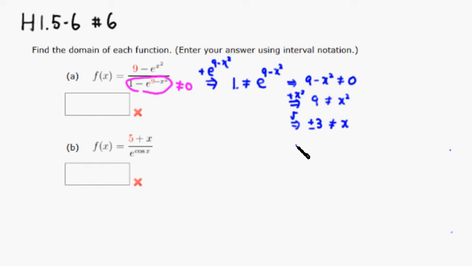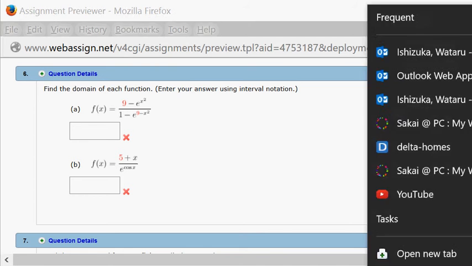So interval notation would be, let's see, that's a small box, negative infinity all the way to negative 3, then skip negative 3, go to positive 3, and skip positive 3, then go to infinity. So let's type that in first.